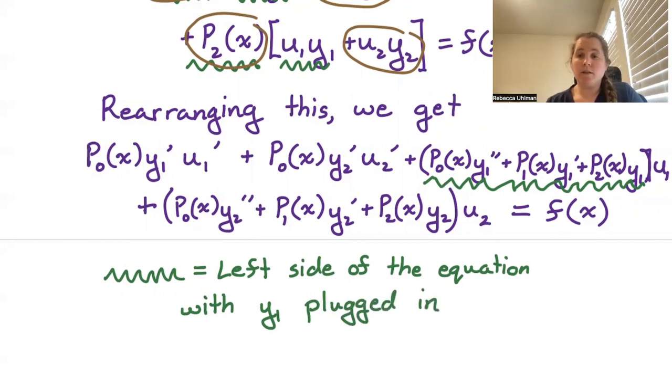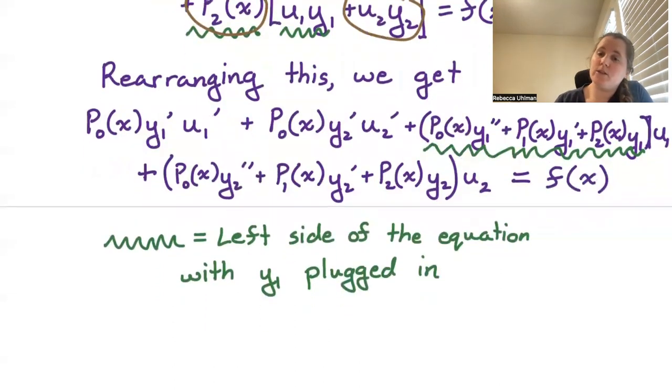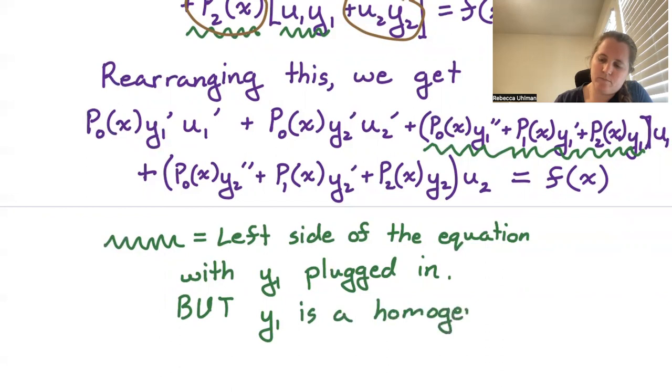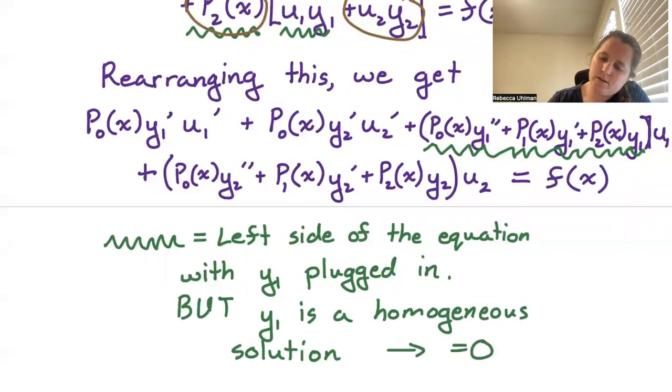And y1 is a homogeneous solution, so that just goes to 0. So this whole first component goes to 0.